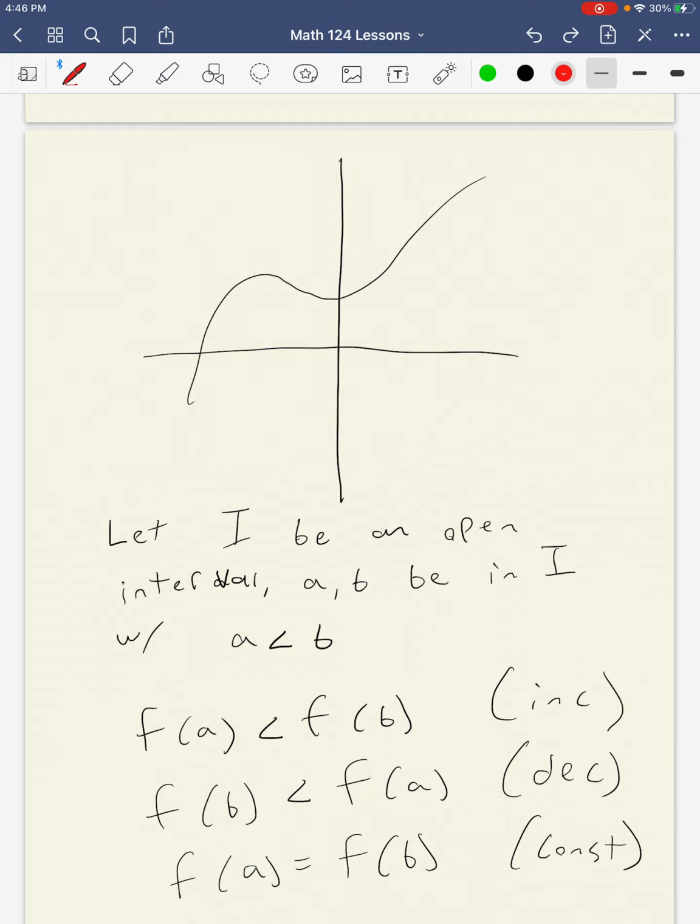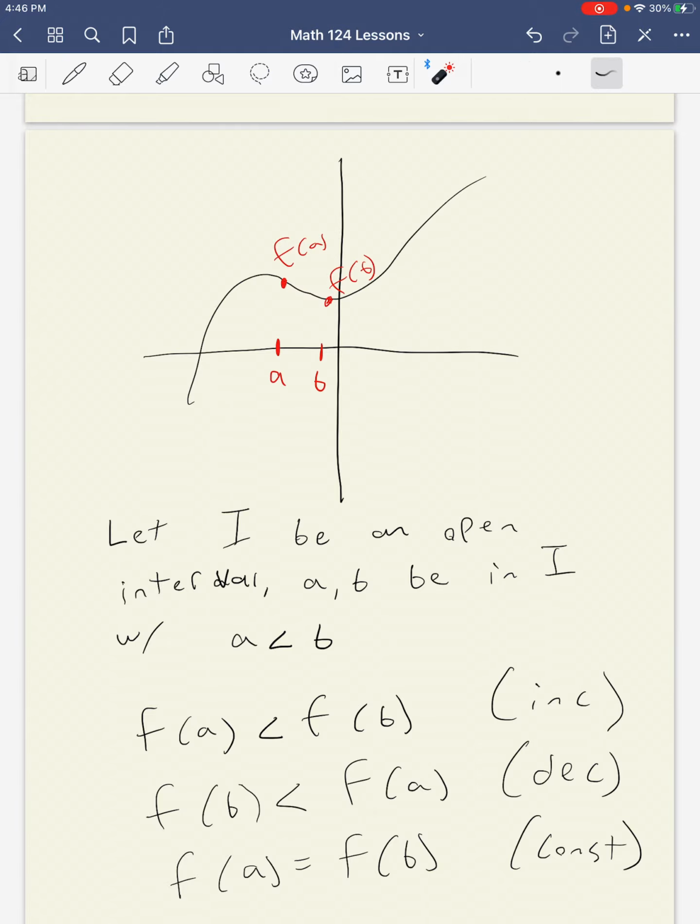Well, function's decreasing here, so let's say this is a, this is b. Now f of a is bigger than f of b. Right, so in the decreasing case we have, sorry I wrote the inequality wrong here, sorry about that. f of b less than f of a.